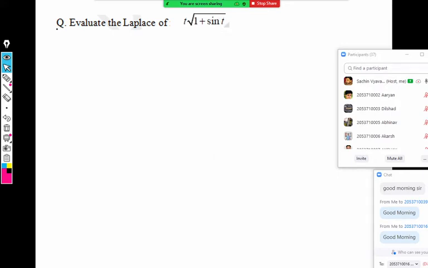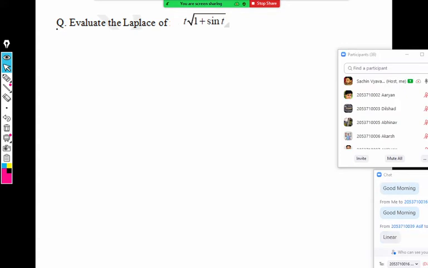We have to find the Laplace of t into root of 1 plus sine t. Which properties we have to use? Someone said linearity property, but there is a square root.